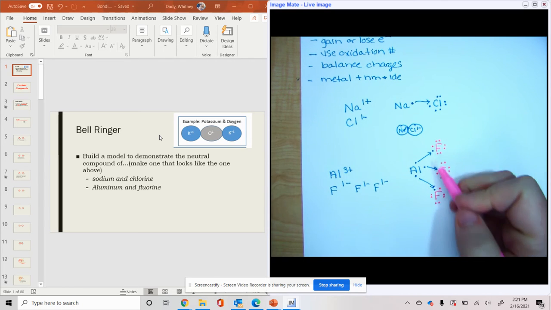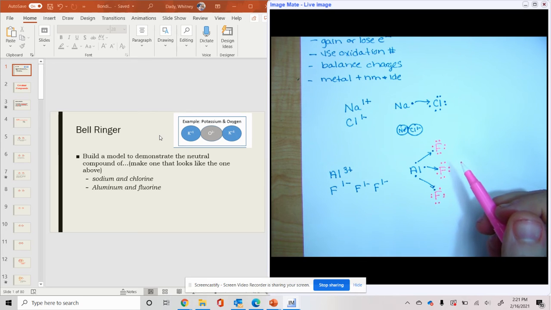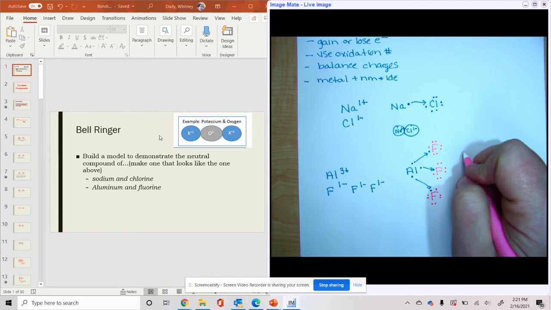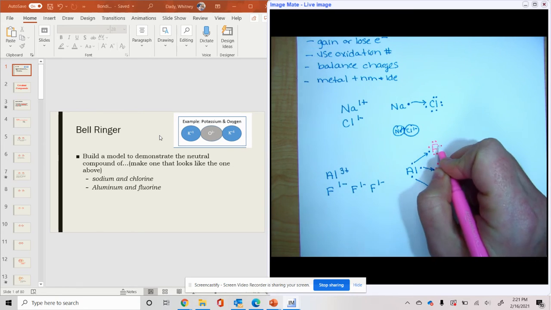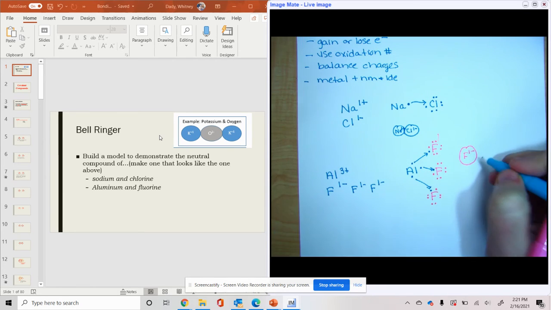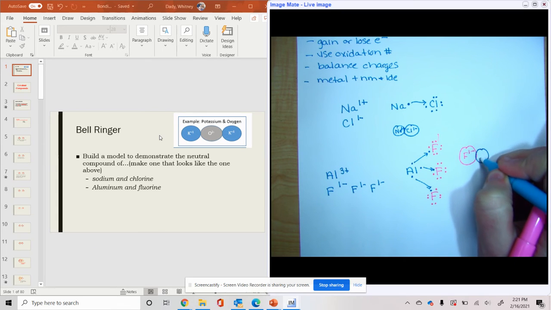Now, I don't want this to be your final answer. I want you to draw it like it should be. And so when I draw it, I do F 1 minus. Okay, how many aluminums is this F touching? It's only touching 1. It's just sharing it with 1. So Al 3 plus.